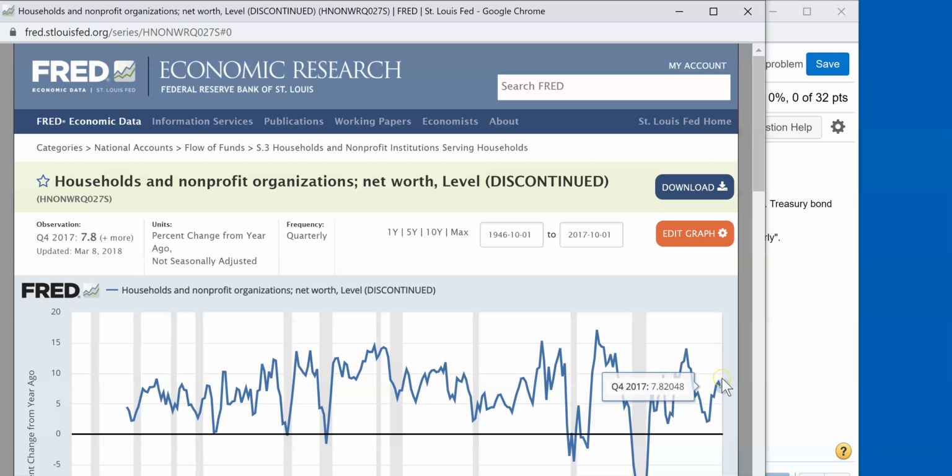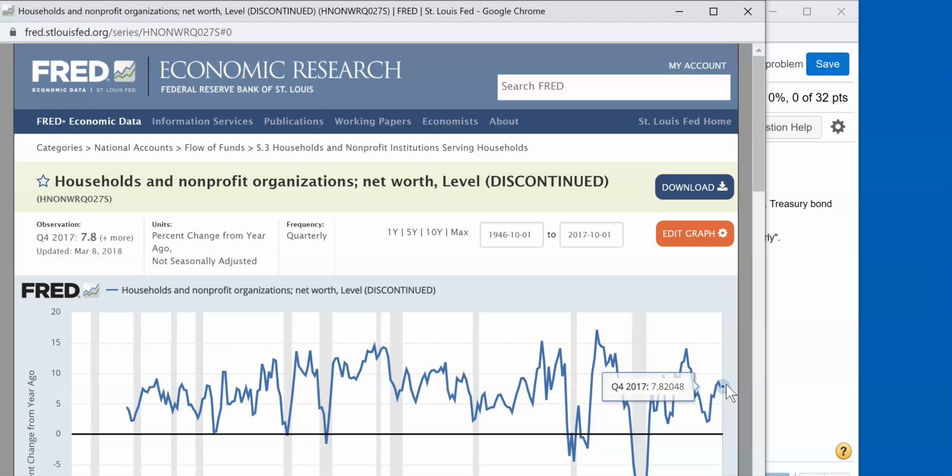Since we have changed the units to be the percent change from a year ago, we can just directly put our mouse to the last available data point, and looking at this data point, it shows Q4 2017.